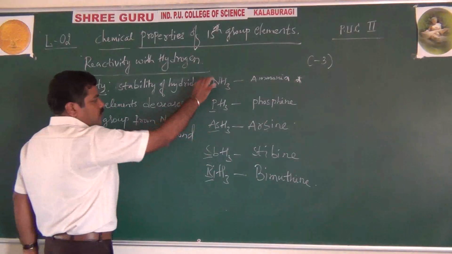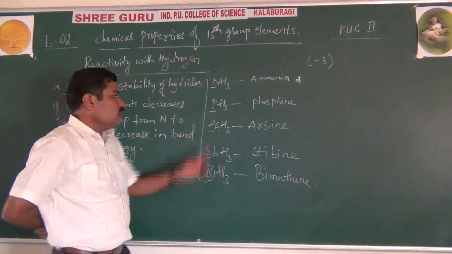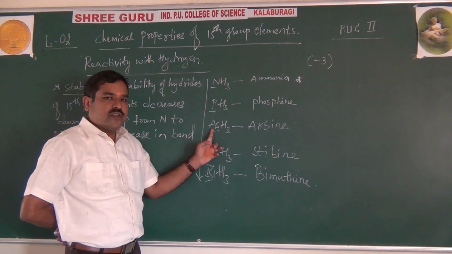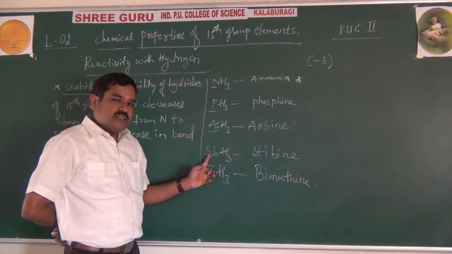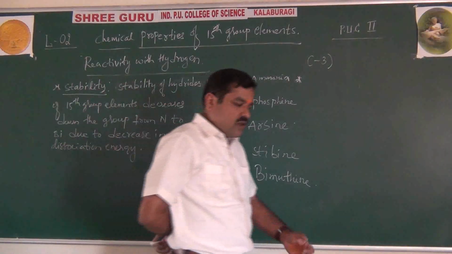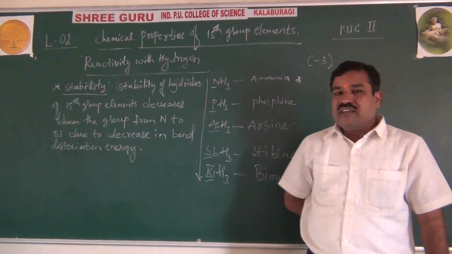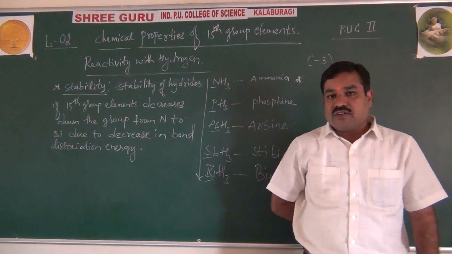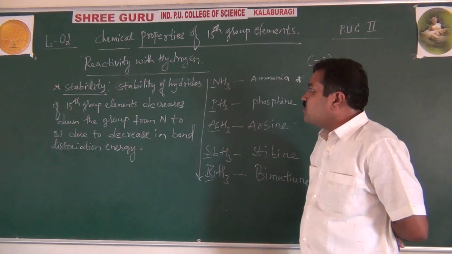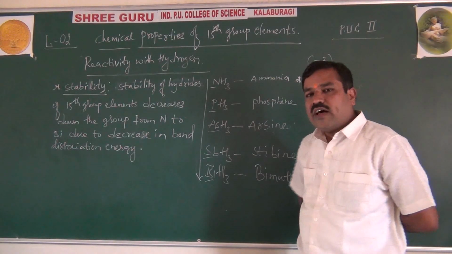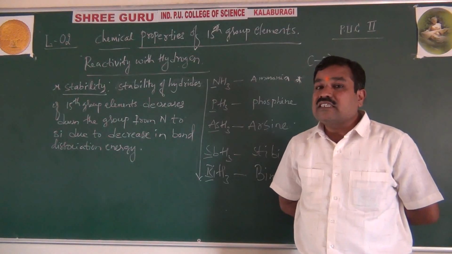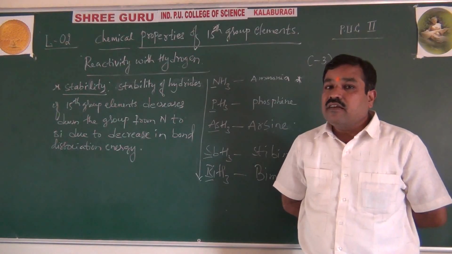That means if you go down the group, the central atom goes nitrogen 7, phosphorus 15, arsenic 33, antimony 51, bismuth 83. Down the group atomic size increases, therefore bond dissociation energy, the energy required to break the bond, decreases, therefore stability decreases from nitrogen to bismuth. Why? Due to increase in atomic size and decrease in the bond dissociation energy.